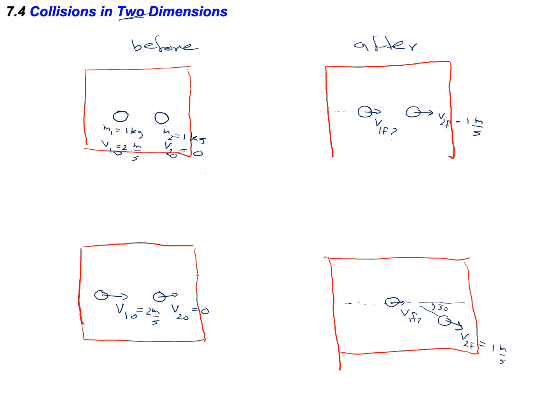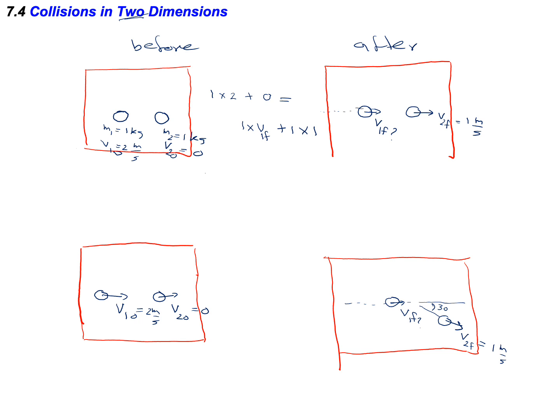If there are no external forces or friction, we can write conservation of momentum: mass of ball 1, which is 1, times its velocity, 2, plus mass of ball 2 times its velocity, 0, which becomes 0, is equal to mass of ball 1, which is 1, times the speed we don't know, v1 final, plus mass of ball 2 times speed 1, because it's in the same direction.